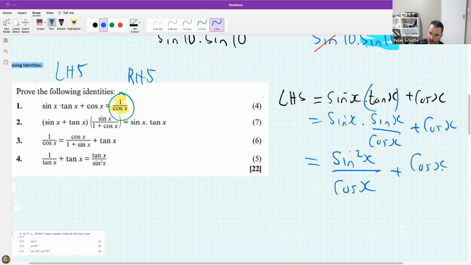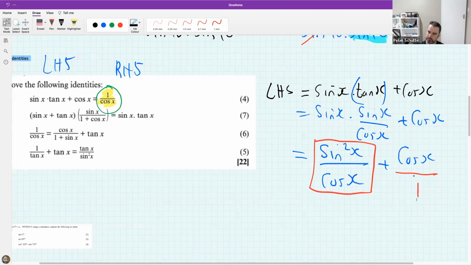And now I have to add these two together. Okay, this is going back to sort of grade 9 a little bit. If I want to add two fractions together, although actually to make sure that that's a fraction, I'm going to put it over 1. What do I need to do to add two fractions together? I need to ensure they have the same common denominator. So what is that common denominator going to have to be?